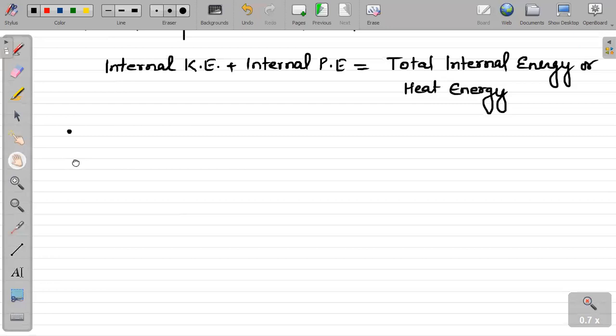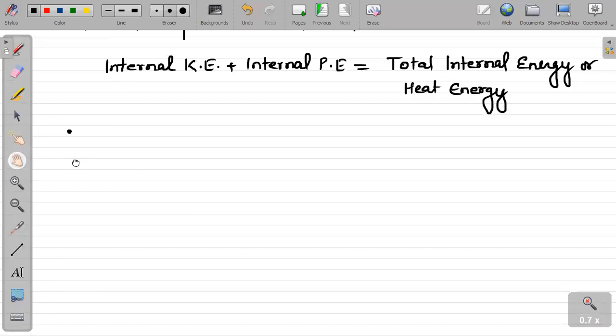Very good. Okay. This heat, when expressed for unit mass of a substance, is called specific latent heat.